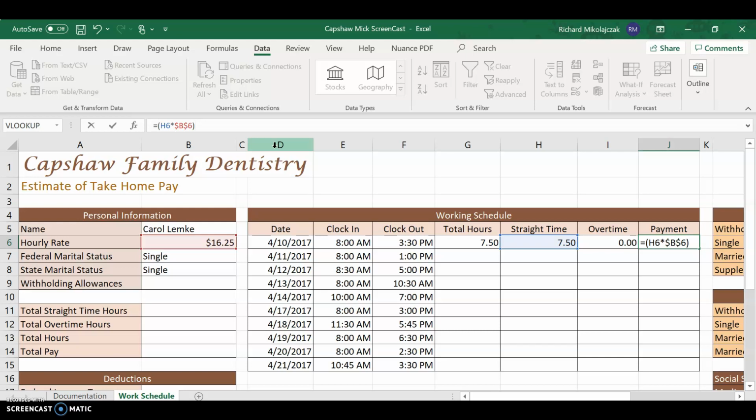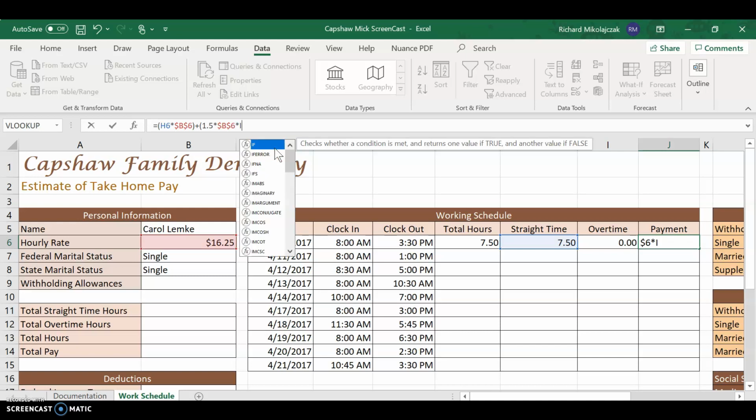Then we're going to add our overtime, which is plus parentheses. It's time and a half, so 1.5 times. Since it was one time, you didn't have to add that into the straight time. But since it's overtime, you have to have the 1.5 times. So we're going to do the reference here too, $B$6 times, and the overtime, if we had it, would be I6.